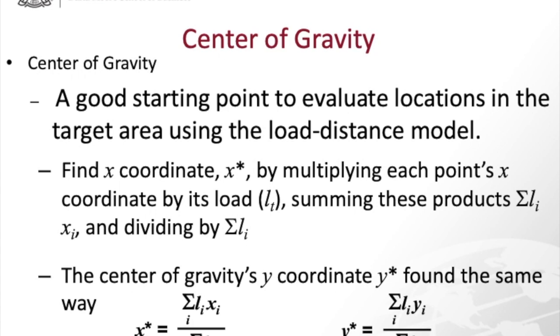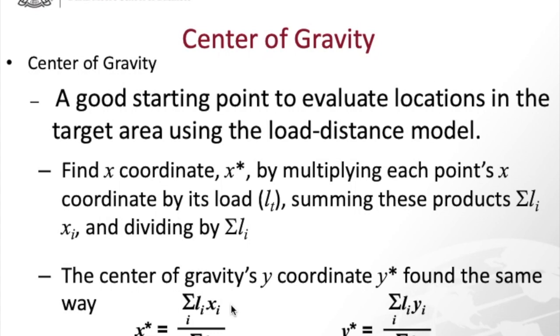So center of gravity gives you that point, and the logic behind the math is we're going to use a weighted value for the x and y. Okay, so I know that this formula looks scary, but basically you're calculating x and you're calculating y, right, to give you that x and y coordinate.